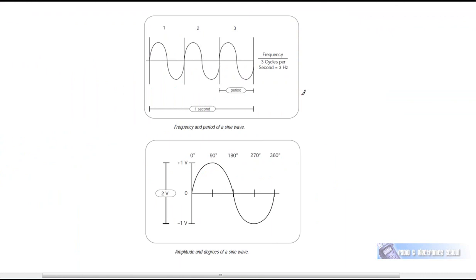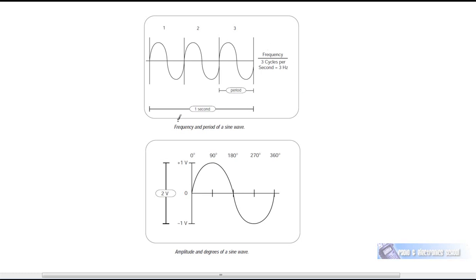On screen we've got a sine wave to help you understand the difference between frequency and period, and we also need to discuss the value of an AC sine wave form and its equivalent value compared to DC.